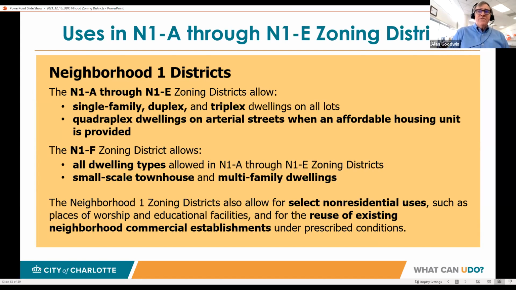The N1F zoning district will allow all of those as well as small-scale townhomes and multifamily dwellings. The neighborhood 1 zoning will also allow for select non-residential uses such as places of worship, educational facilities, and if there are existing neighborhood commercial establishments, a so-called corner store, it would allow for the reuse of those with certain prescribed conditions.